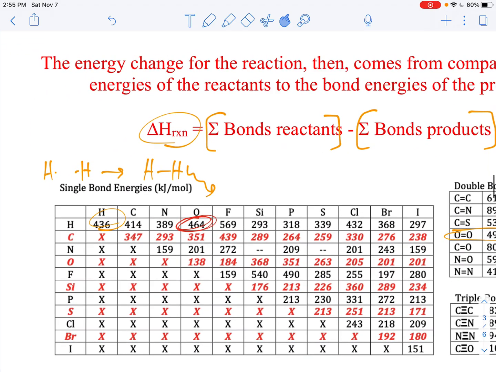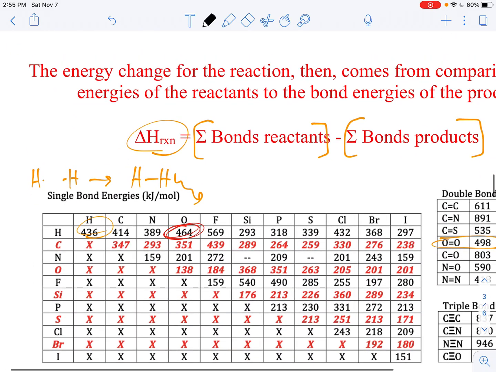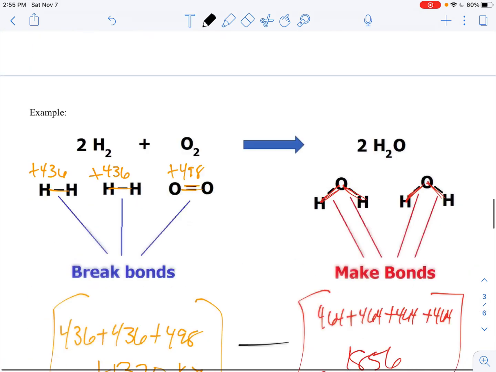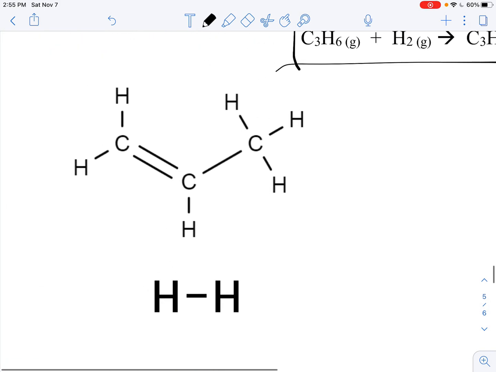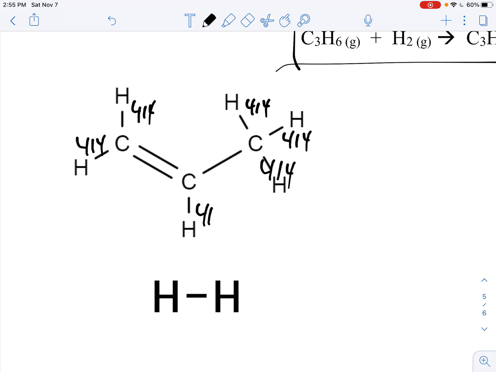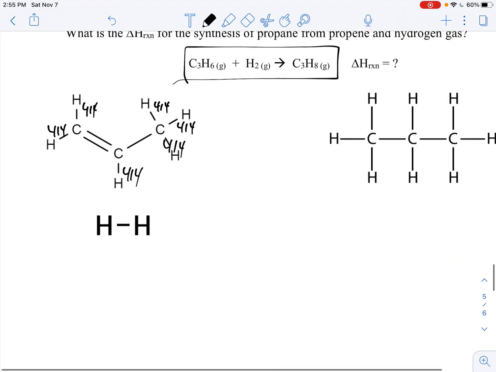So what have I got? I've got CH bonds. My CH was 414 here. So every carbon-hydrogen bond is a 414. That's a 414, and that's a 414, and that's a 414, and that's a 414, and that's a 414, and that's a 414.